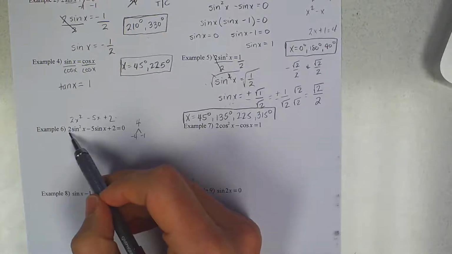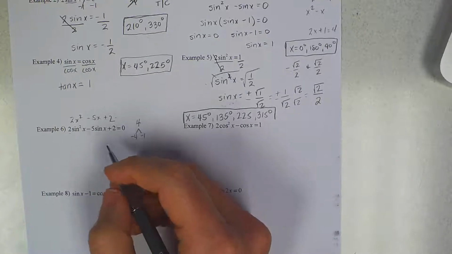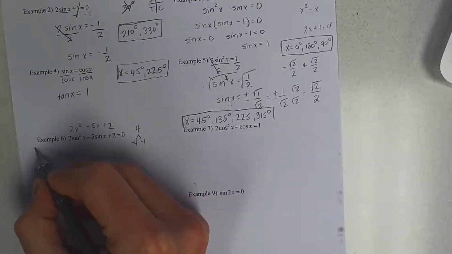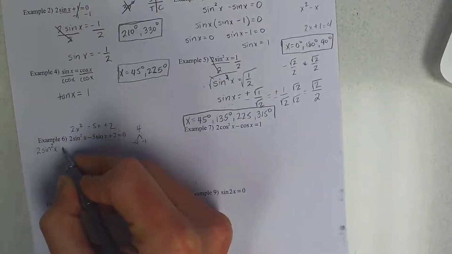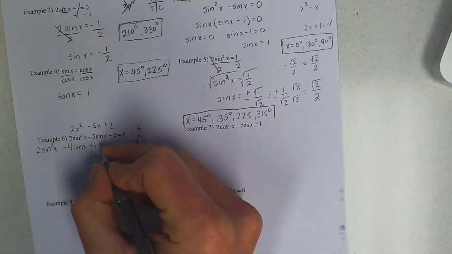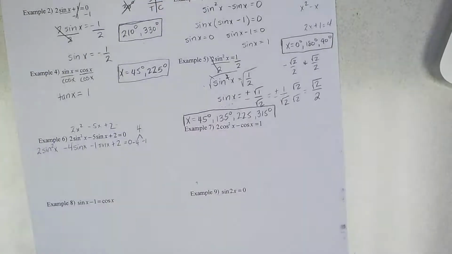Since the 2 is not a 1 there, we can't just say x minus 4, x minus 1. We have to rewrite the middle term. So factor by grouping here. We'd have 2 sine squared x minus 4 sine x minus 1 sine x plus 2 equals 0.